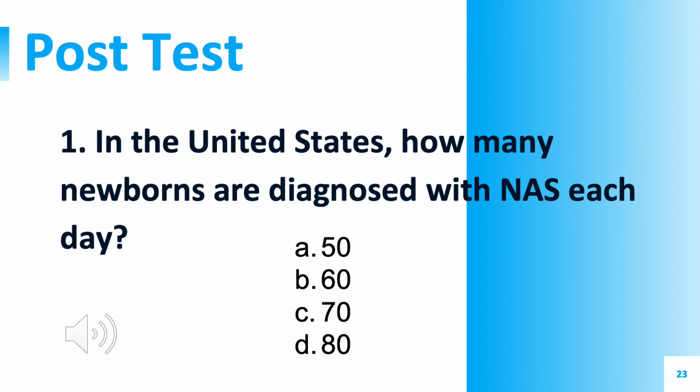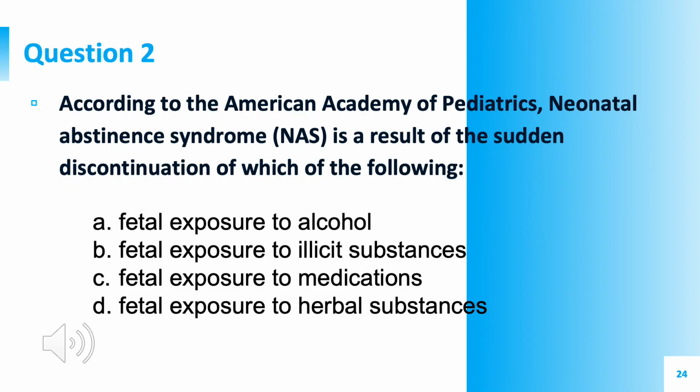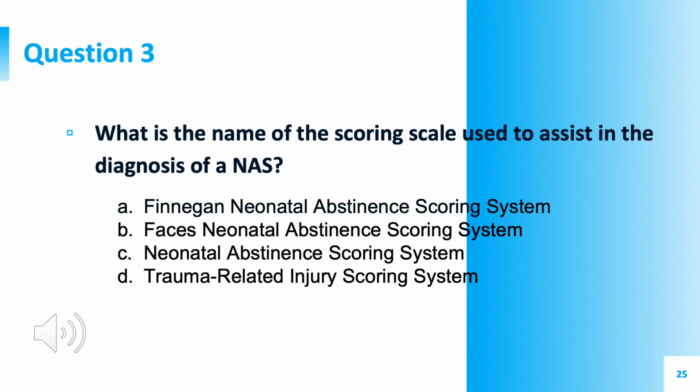Number 1, D, 80. Number 2, B, fetal exposure to illicit substances. Number 3, A, the Finnegan Neonatal Abstinence Scoring System.